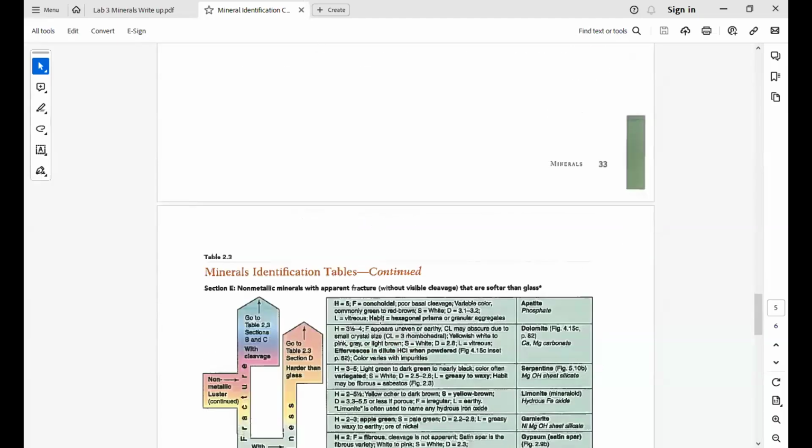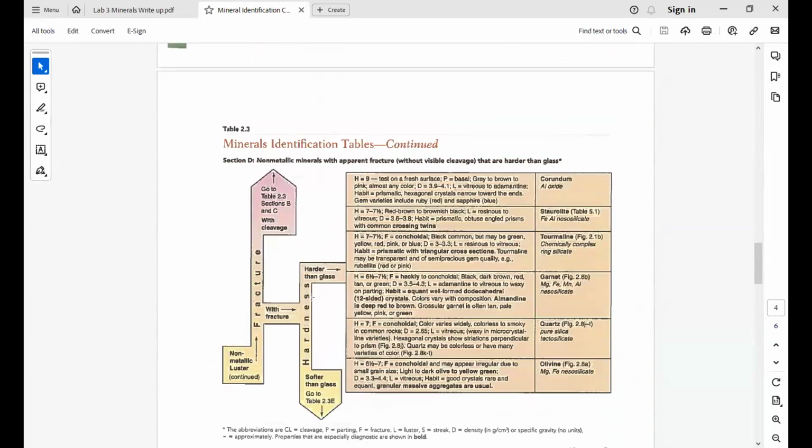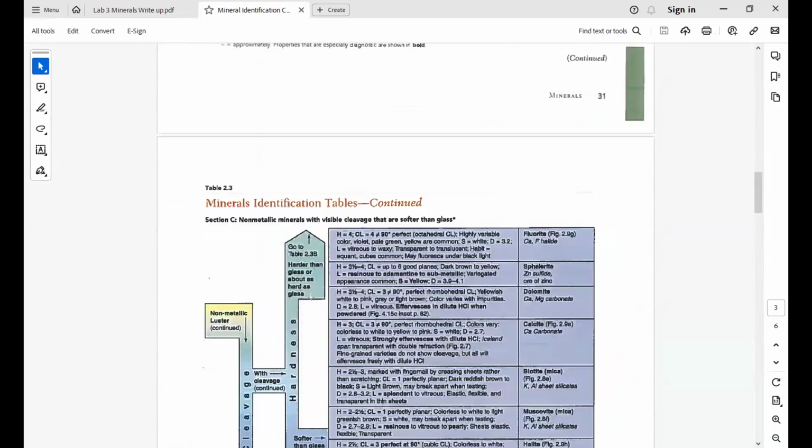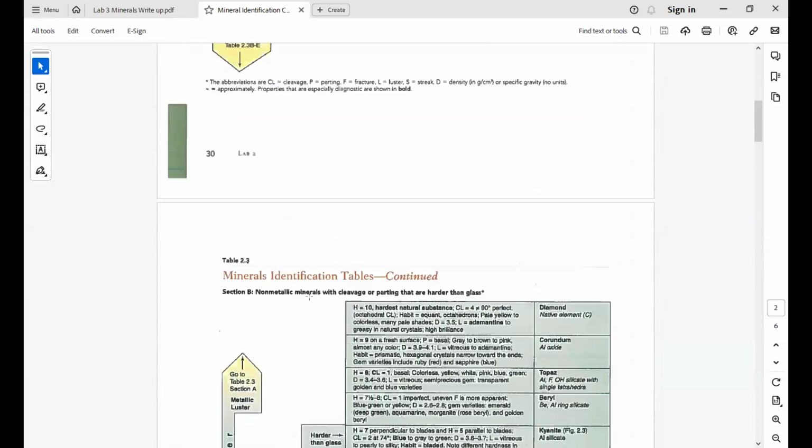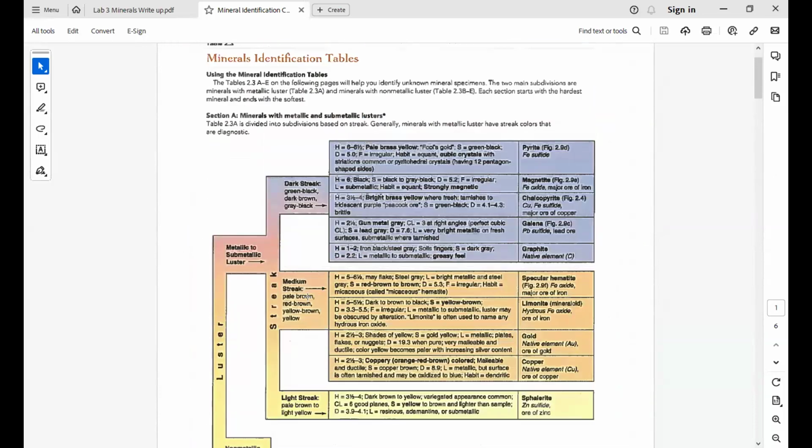Oh, I did not have that shared. Okay, what I'll do is I will go back to Zoom and share it real quick. Okay, here's E, D, C, B, and A, which is the one for metallic luster.